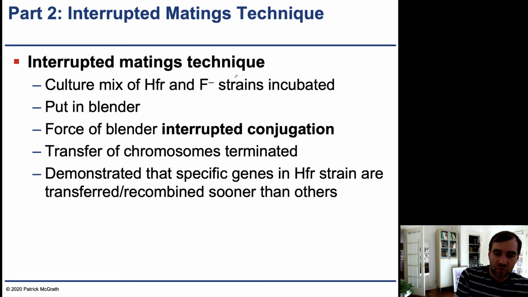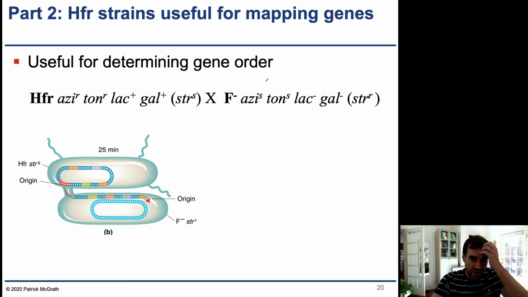So this technique, using these Hfr strains, has been a powerful way to do initial mapping of the bacterial chromosome in order to figure out the order of genes. So what are these experiments? The idea is that you can control how long these conjugation experiments go on.